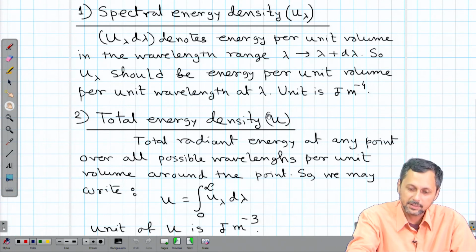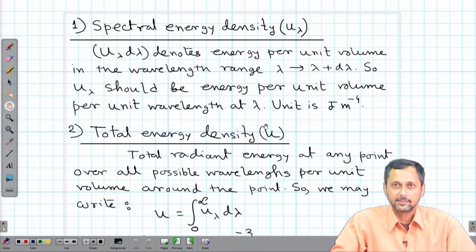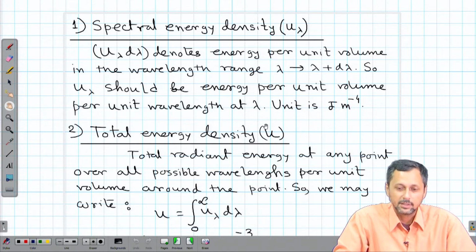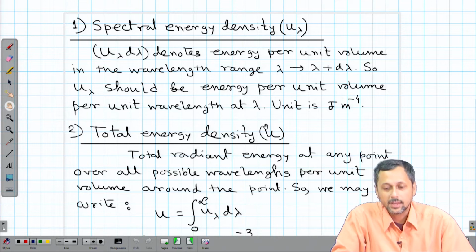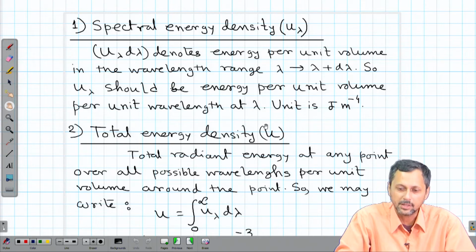The first definition that we are going to learn is the spectral energy density. That eventually is called U lambda, and U lambda d lambda denotes the energy per unit volume, once again because radiation is a volumetric property, in the wavelength range lambda to lambda plus d lambda.